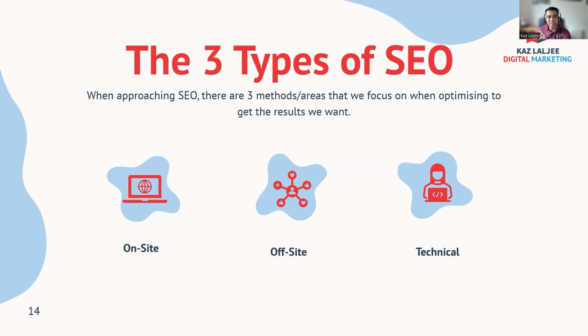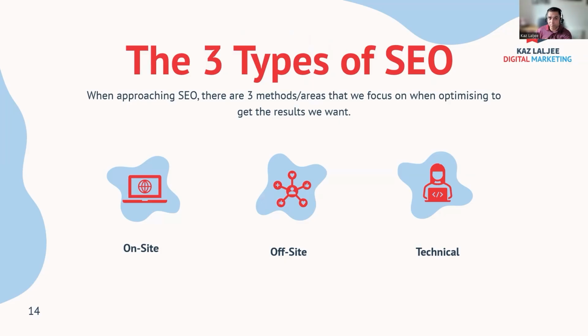What I would also do is I would caveat that and also say there is also an element of local SEO. When we say local SEO, we're talking about companies, and this doesn't apply to every single company, but if you're a company in the local area and you're selling products and services to local people, then the local element will help.